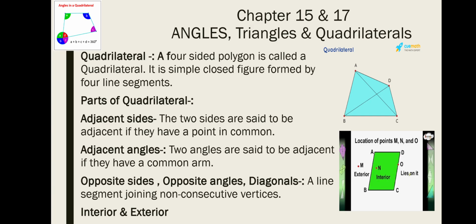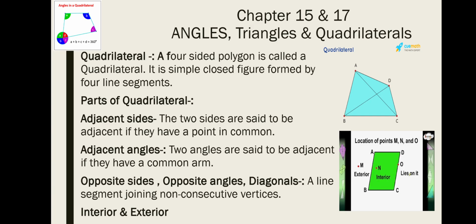And diagonals are the lines joining the opposite vertices. There are two diagonals in each quadrilateral. So you can see here the quadrilateral with the diagonals shown. ABCD is a quadrilateral and AC and BD are its diagonals.